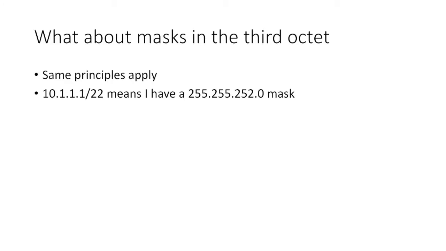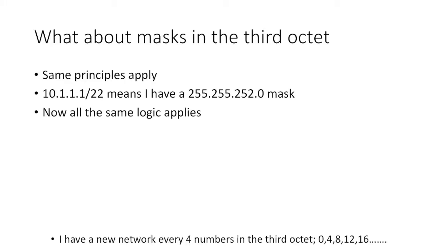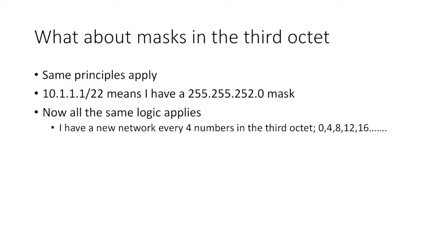So my mask value is changing from ones to zeros in the third octet. All the same logic applies from the previous example of changing the fourth octet value. This tells me I have a new network every 4 numbers in the third octet.